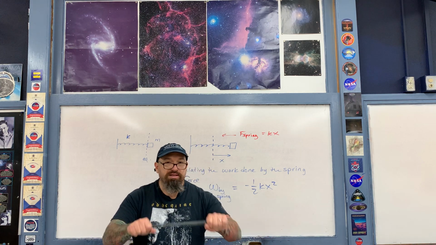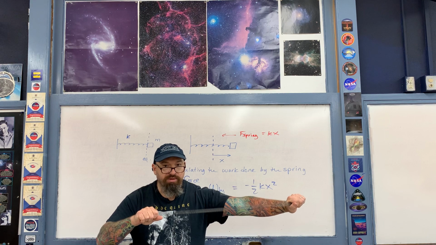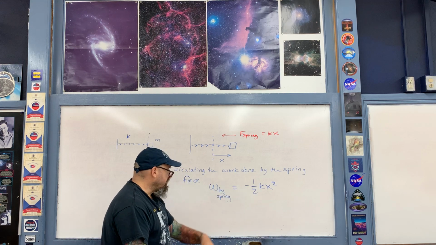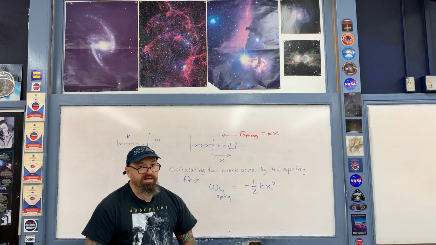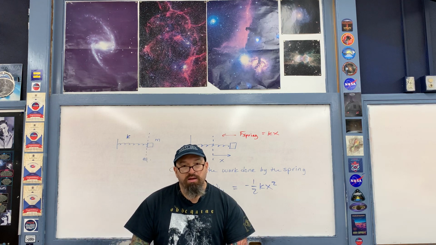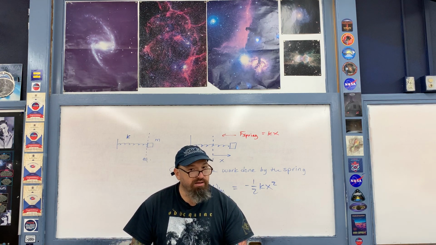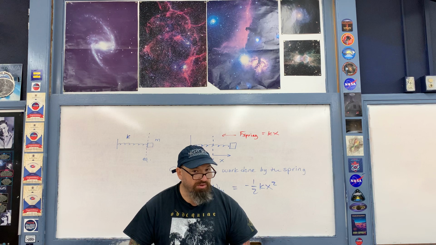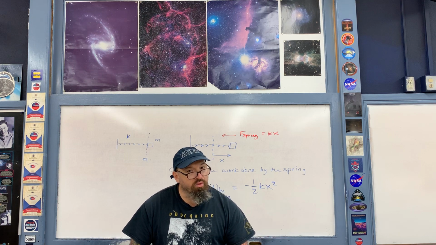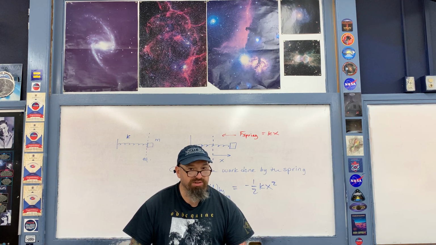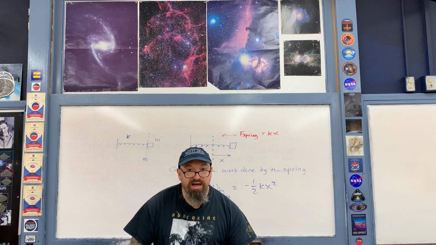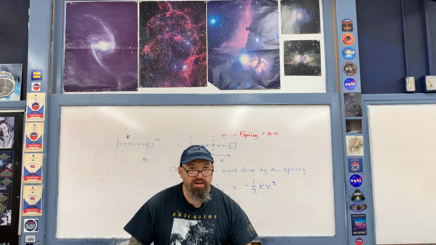So if I displace the spring from equilibrium, as we just calculated, the work done by the spring force is -1/2 kx squared. Therefore, the minimum energy I have to use to overcome the spring force, the work done against the spring force, is +1/2 kx squared, and that is the spring potential energy.